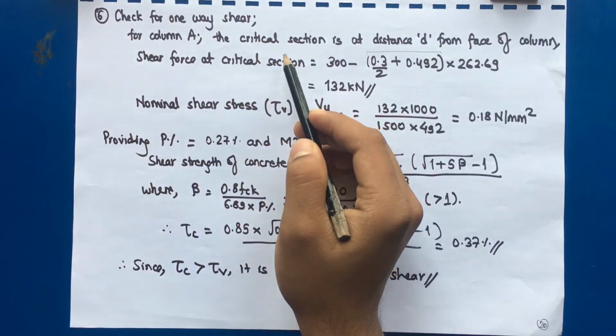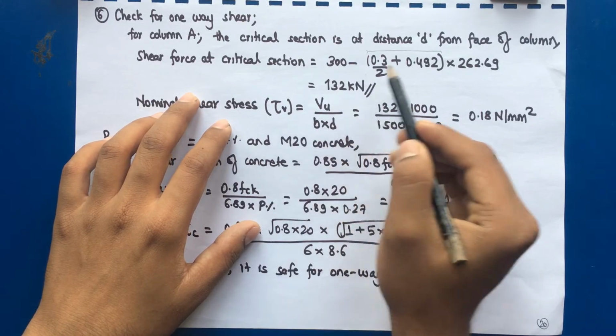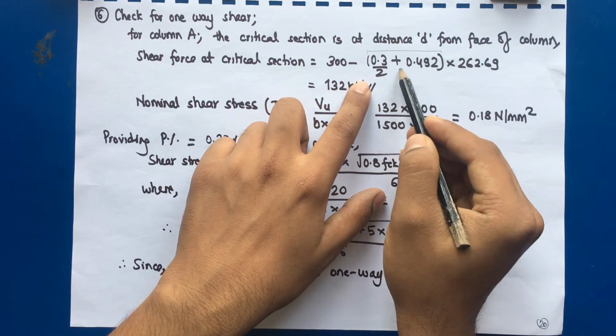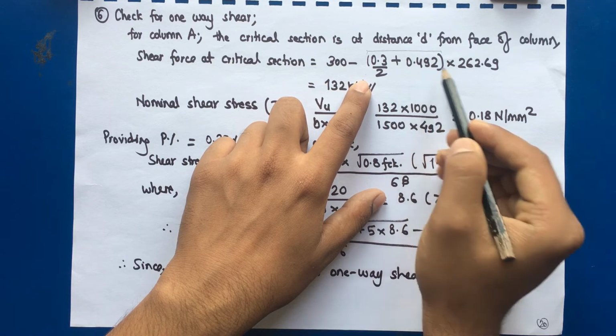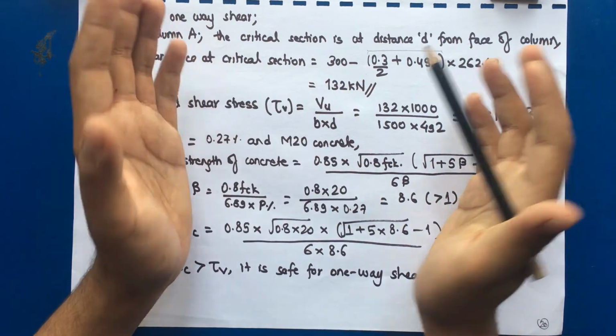For the critical section, the shear force is 300 minus (0.3 divided by 2 plus 0.492) into 262.69. What is this value?